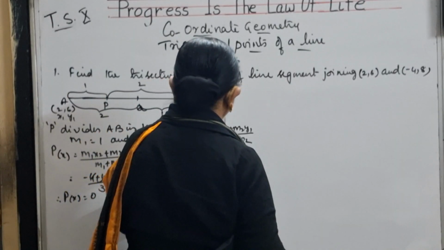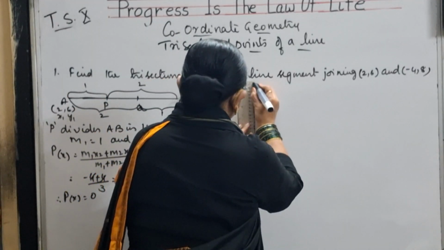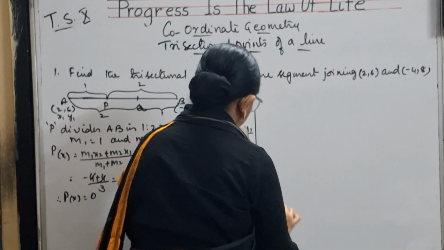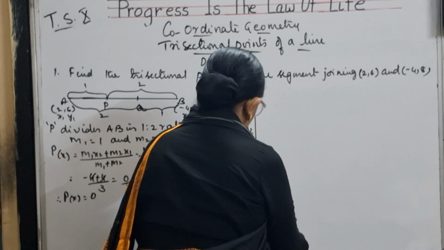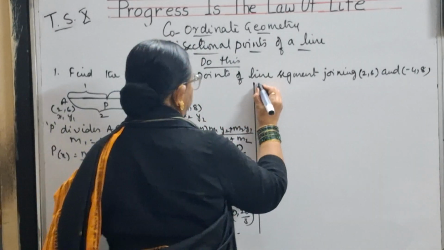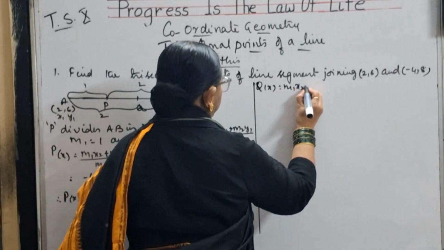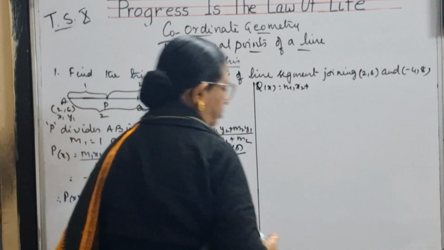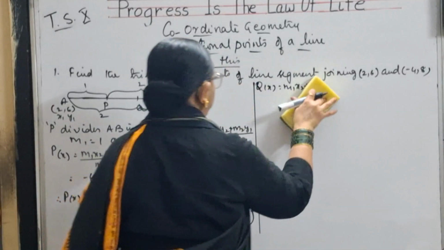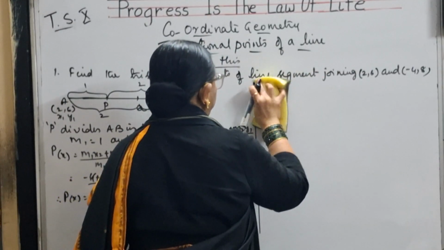Now let me do for Q. Q of x and Q of y we will do. Q of x is equal to M1 x2 plus M2 x1. First we have to write the ratio.